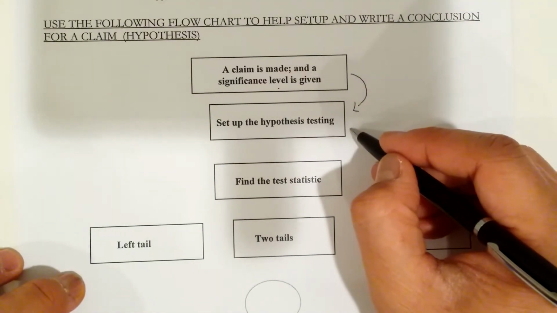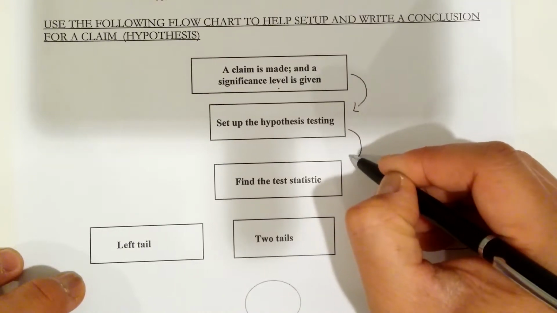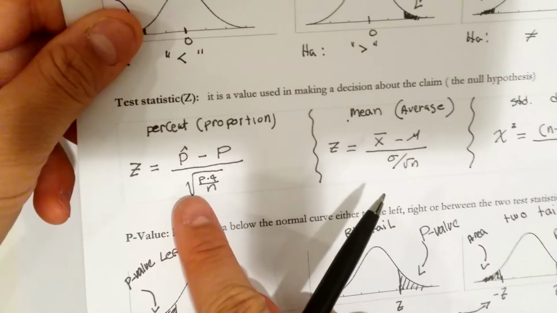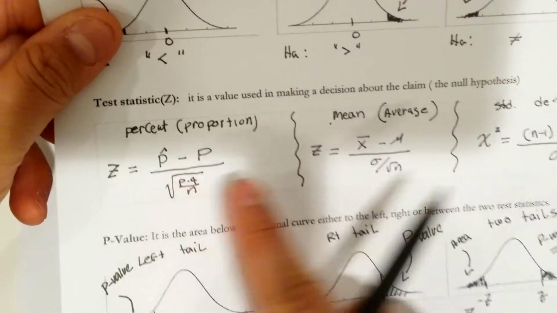Once you've set up your hypothesis testing, the next step is to find the test statistic. These are the test statistic values.